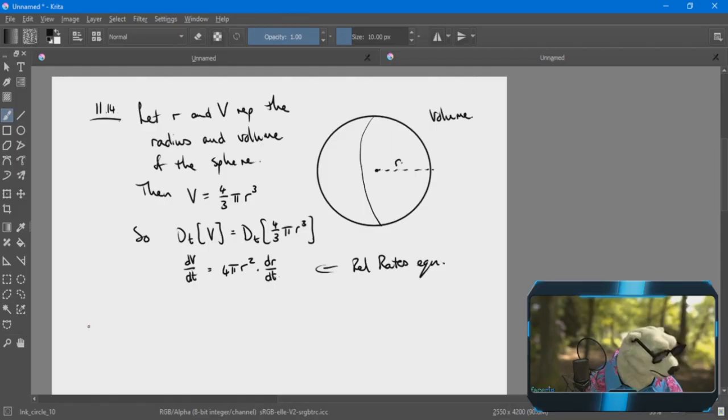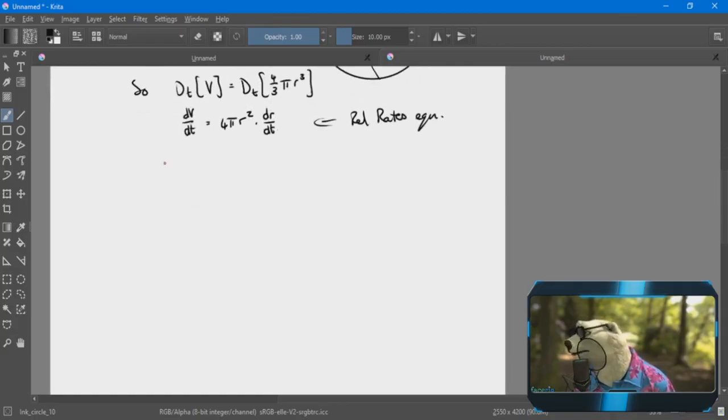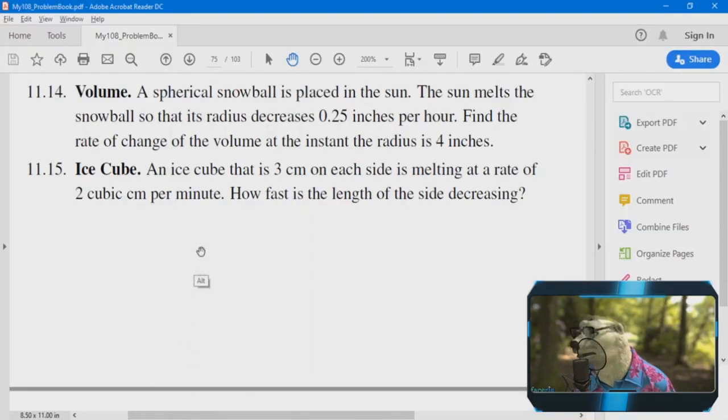Sorry, my mic. There we go. Then, let me scroll up. We need to see at some point in time, they're giving me some extra information and asking me for something. What is that something? The sun melts the snowball, so its radius decreases at 0.25 inches per hour.